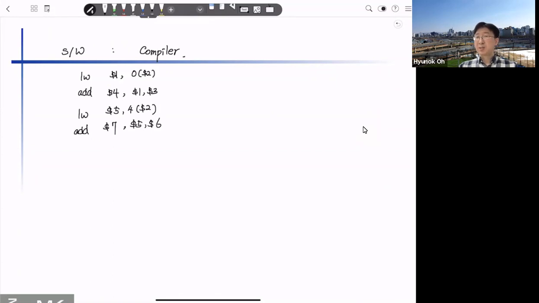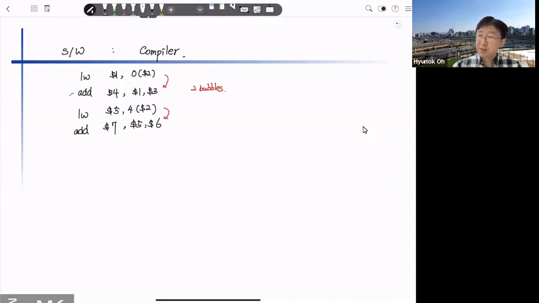So let's think about this case. How many bubbles do we need? There is the load-use bubble, and there is another bubble. So we have to pay 2 bubbles. By exchanging the instructions, can we reduce the bubble?